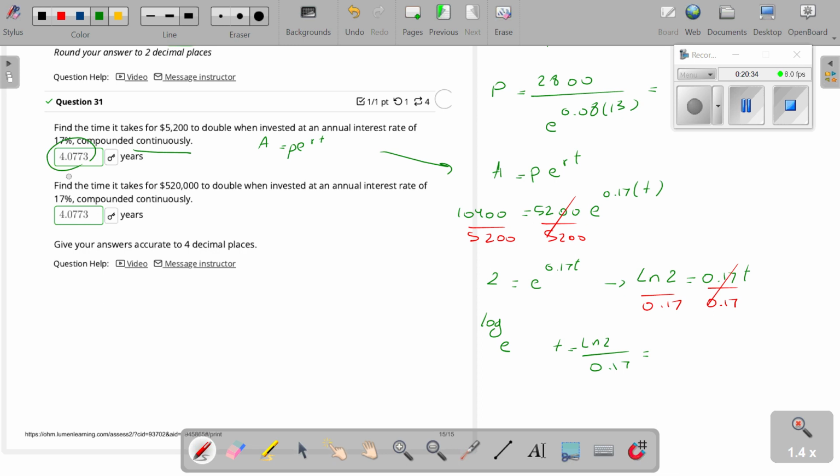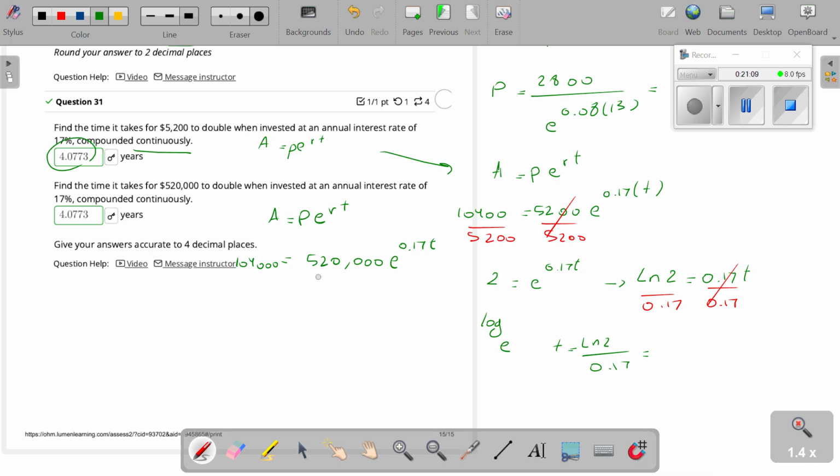Okay, now the next part: find the time it takes for $520,000 to double. So again, we're using the same formula, A = P e^(rt), and the initial amount is 520,000, e to the power of 0.17 t, and that's equal to 1,040,000.